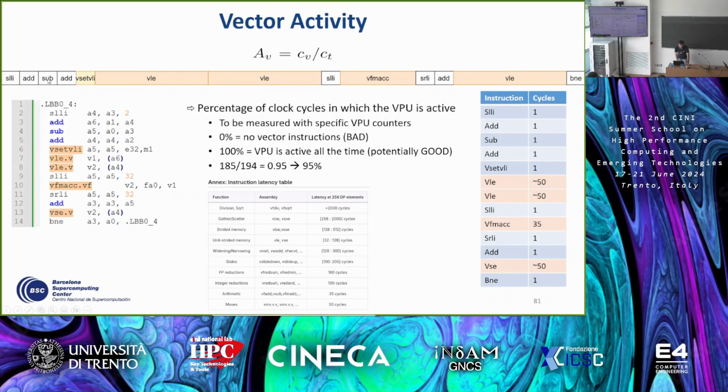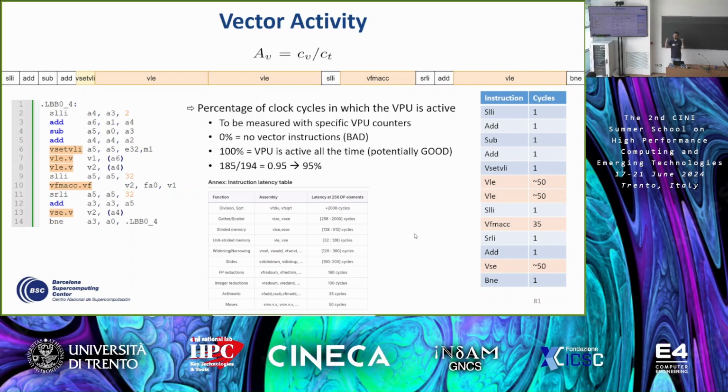So if we look at the actual execution, you see that the two loads, the FMA and the store, this is a store, not a load, sorry, this is a VSE, are the ones taking more time.